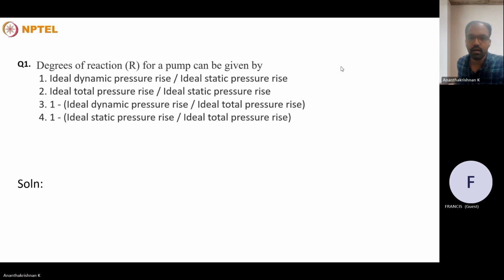Am I audible, or is my screen visible? Yes, the screen is visible, but the audio is shuttering sometimes.